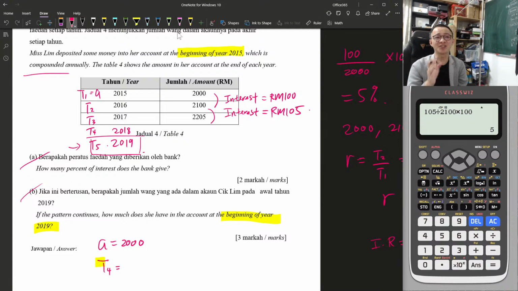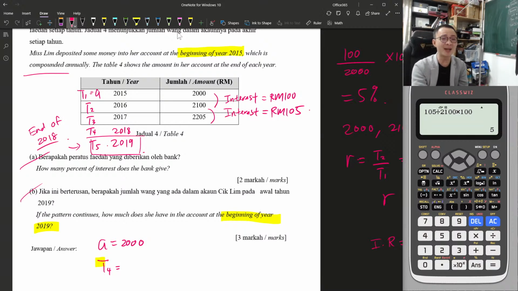But this is a tricky part. If we put the money at the early part of 2015, and until the end of 2015 only, I will get a 5% interest, isn't it? So at the early part of 2019, the money I have in the bank is the money from the end of 2018, isn't it?